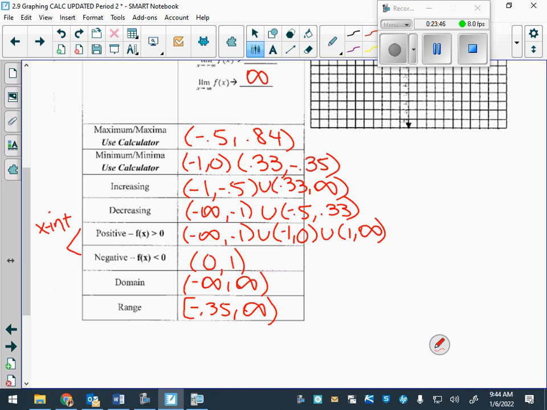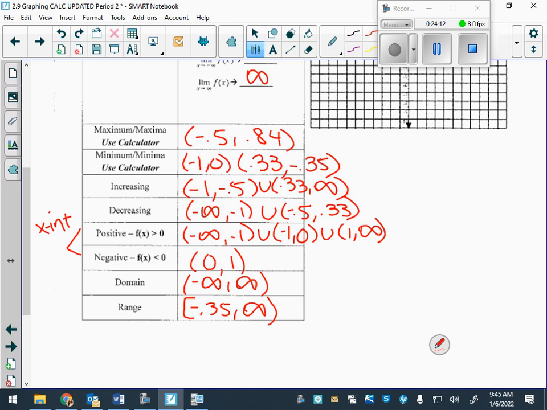Okay. Any questions? The hardest part is probably the calculator. Did you have any questions from the homework? Yep. It's already in factored form.